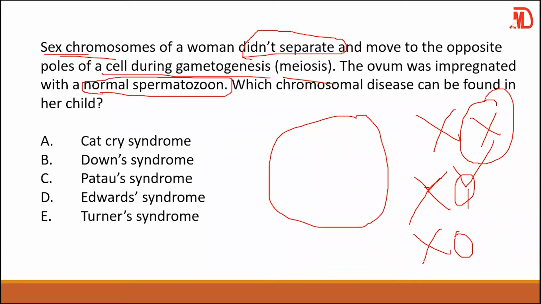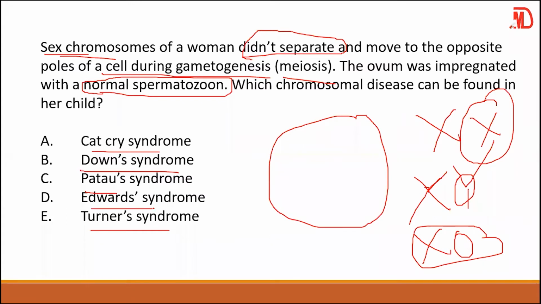Turner syndrome. In Klinefelter syndrome, though it's not here, we have XXY. But this is Turner syndrome. By now, you guys should know cri du chat, Down syndrome, Patau, Edwards, and so on and so forth.